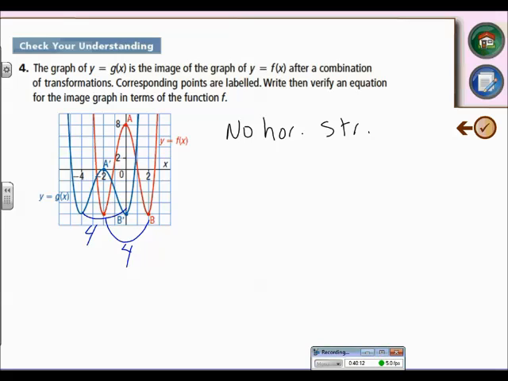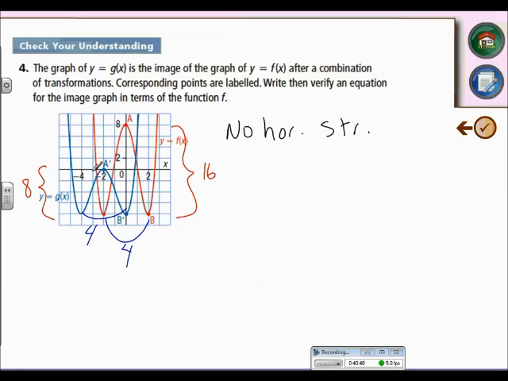Let's do the same thing with the vertical. Originally, from the max to the min, there's 8 on the bottom and 8 on the top, so between the two of them originally is 16. On the new one, between the max and the min, is only 8 now. So we had 16 vertically, now it's 8.